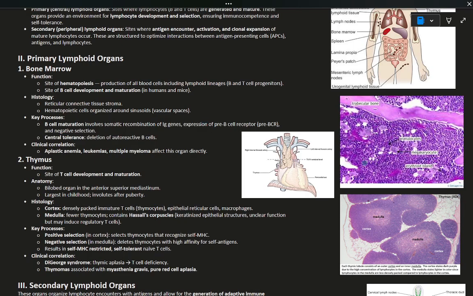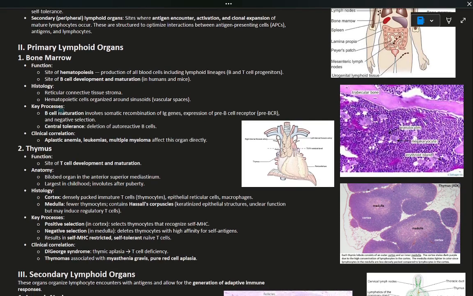The figure over here on the right is one example of a histological tissue sample of the bone marrow, where we can see the presence of megakaryocytes and granulocytes, along with a bunch of erythroid islands and the presence of sinusoids, where the cells are arranged around them.